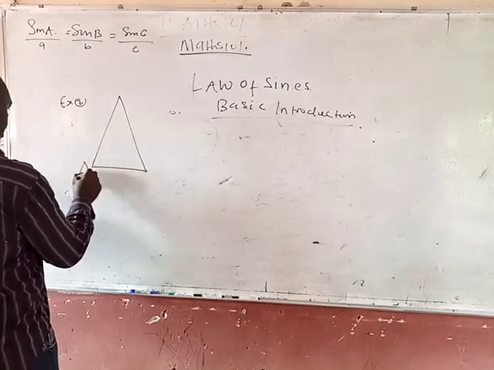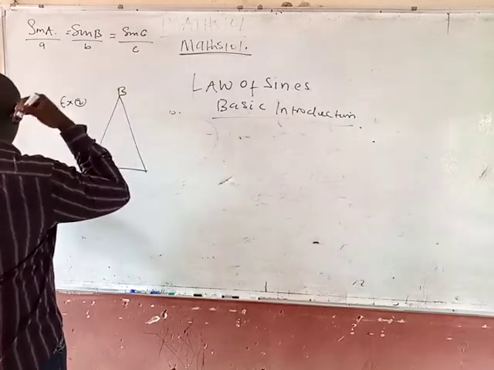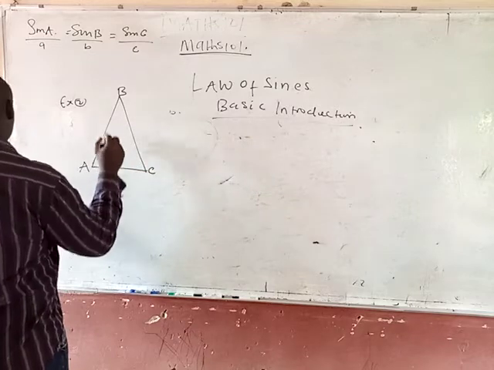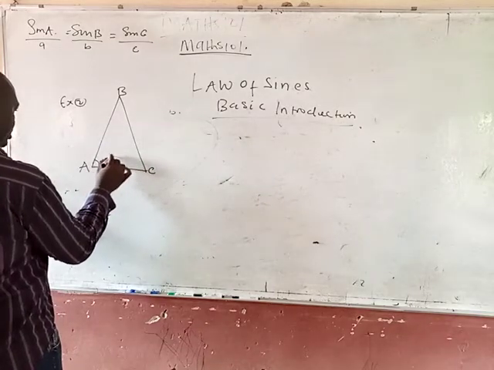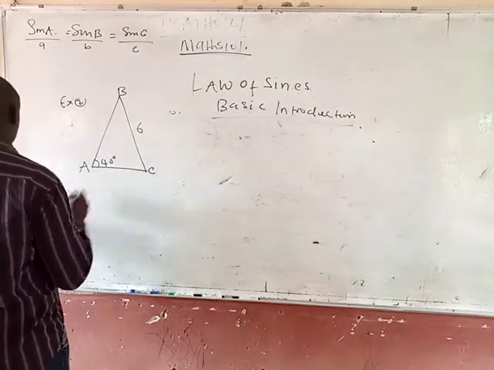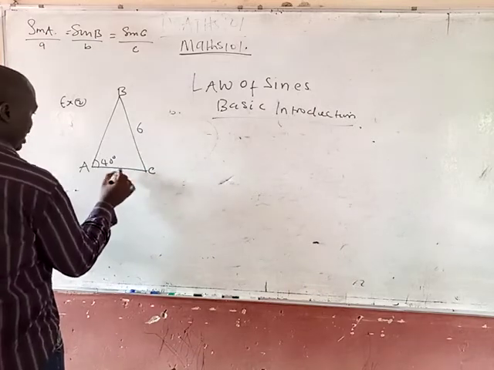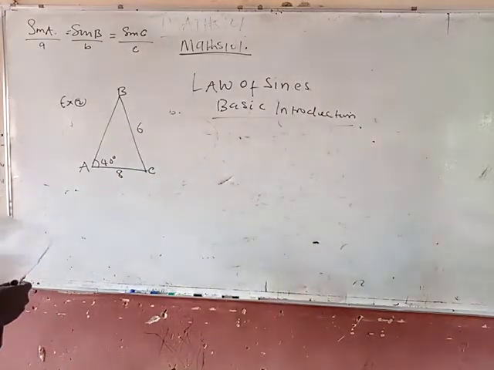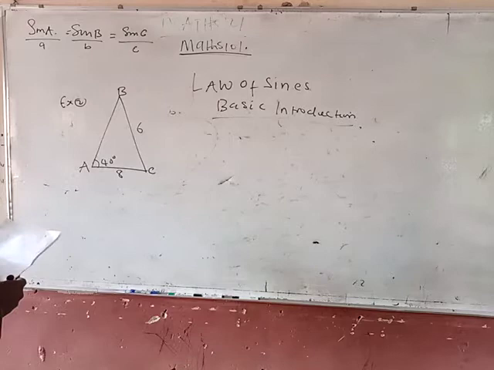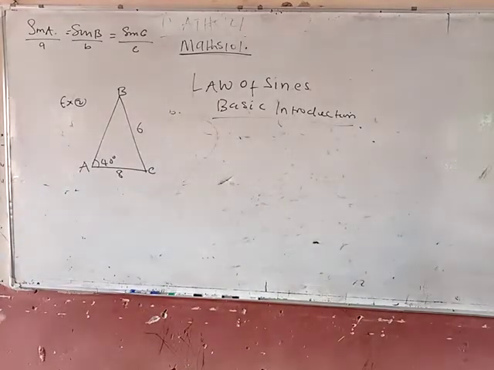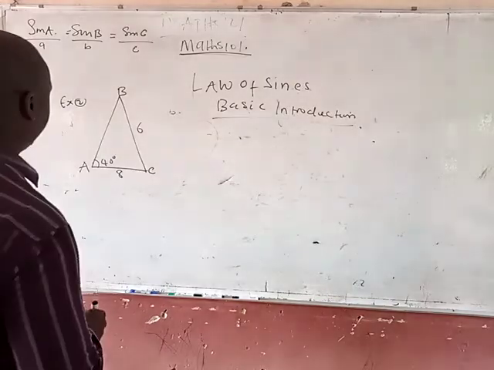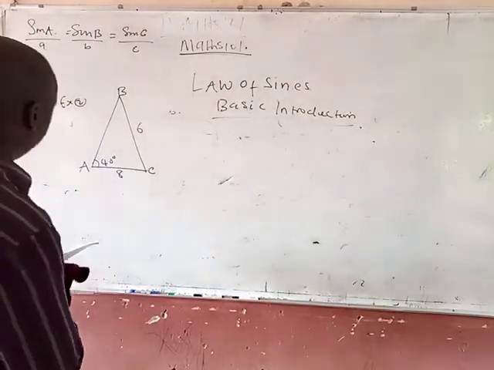Here is A, this is B, and this is C, and you have an angle of 40 degrees. You have a side A of 6, and side B is 8, and that's all. Find the remaining side and angle of the triangle.